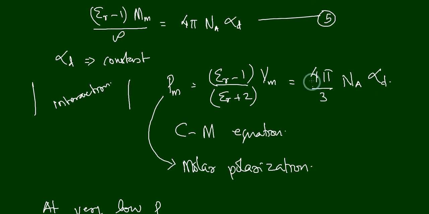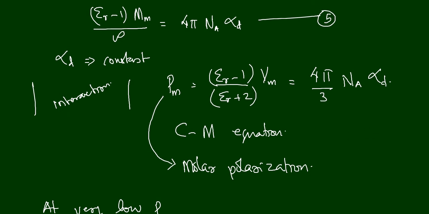The disadvantage of equation number 5 is that it works only at low pressure. But the Clausius-Mosotti equation considers the interaction between the molecules filled between the condenser plates, and based on that the equation takes another form, that is Pm is equal to (epsilon r minus 1) into Vm divided by (epsilon r plus 2) is equal to 4 pi by 3 Na into alpha d, and this is applicable to all states like low pressure, high pressure, and also for condensed matter.